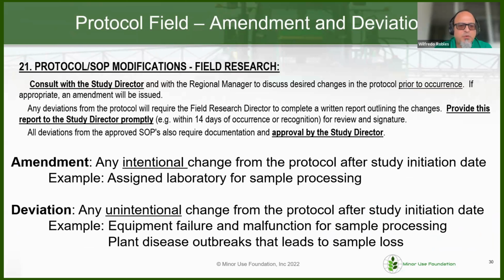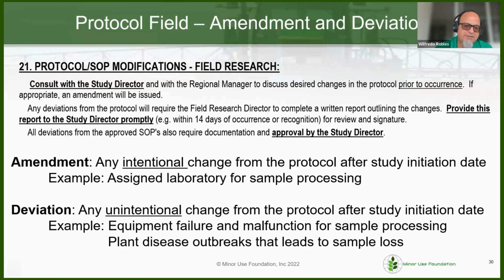Section 21 pertains to amendments and deviations. An amendment, by definition, is any intentional change from the protocol after the study initiation date. For example, when the study director signed the protocol, they didn't know which laboratory would be processing the samples.